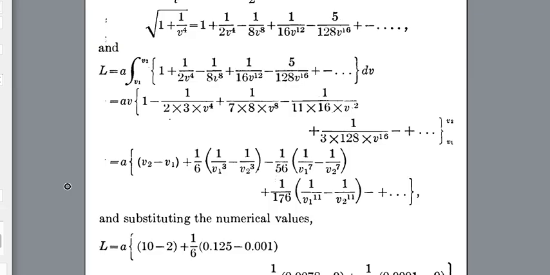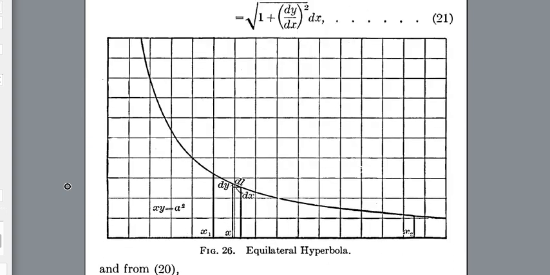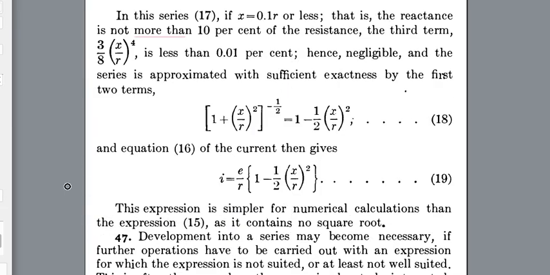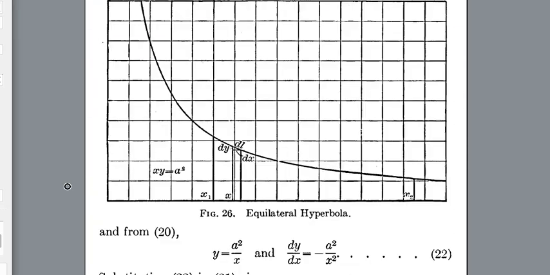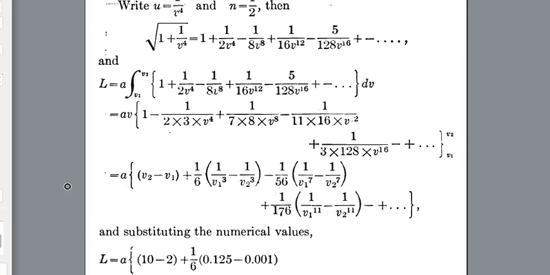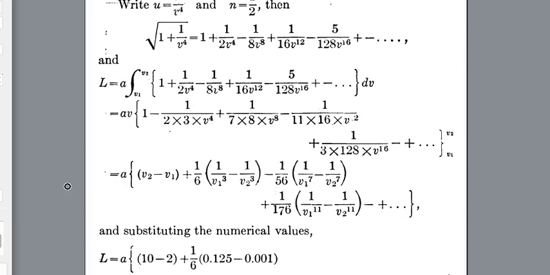This simplifies to L equals a times the quantity v, multiplied by the series 1 minus the fraction 1 divided by 2 times 3 times v to the power of 4, plus the fraction 1 divided by 7 times 8 times v to the power of 8, minus the fraction 1 divided by 11 times 16 times v to the power of 12, plus the fraction 1 divided by 3 times 128 times v to the power of 16, and so on, evaluated from v sub 1 to v sub 2.